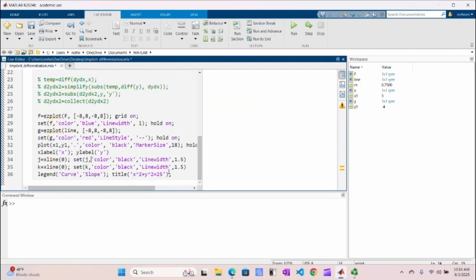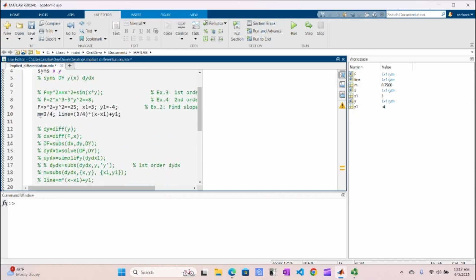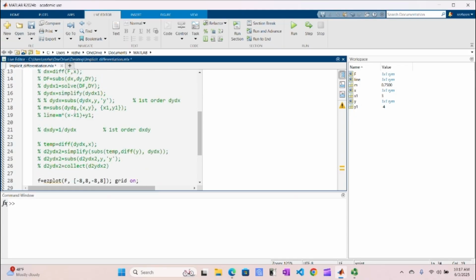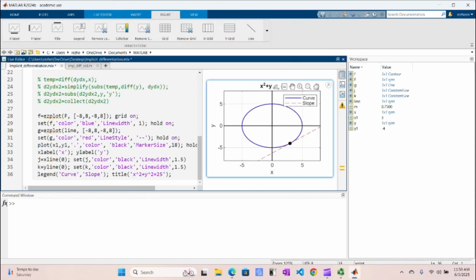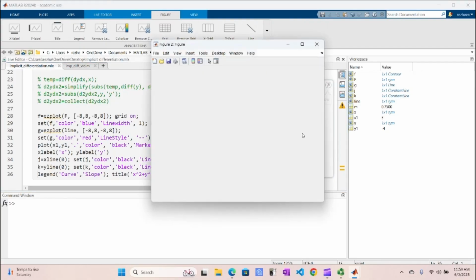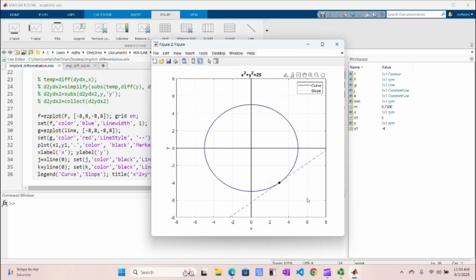All right, so I put in my graph code, and I also put it up here in terms of m and the line that we want to graph, and we have to also comment out the code that we found for dy/dx. So when I run it here, I get the graph of both the circle and the line. Let me pull it out and make it bigger. So we have the circle plotted and the tangent line at the point (3, -4). It looks like the circle has the center at (0, 0) and a radius of 5. And I also have a legend to show the curve and the slope.